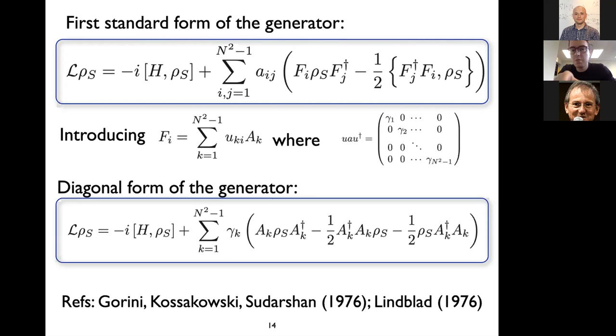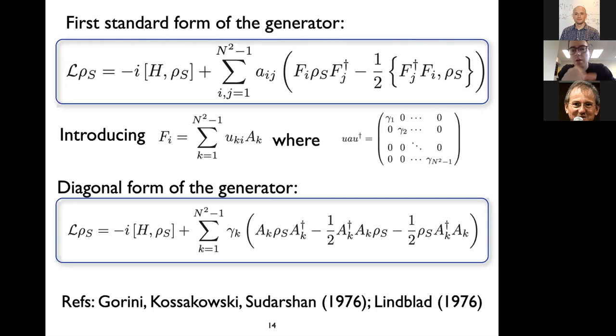This second term is represented in terms of these operators F that I introduced. I should say that these curly brackets define the anti-commutator, so square brackets are commutator and curly brackets are anti-commutator.